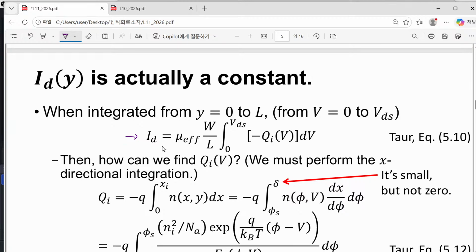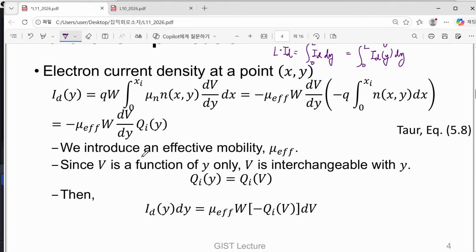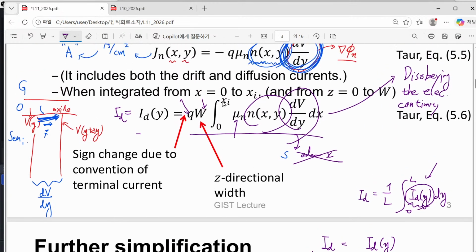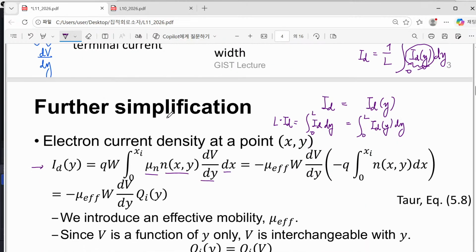Okay, let me do it a little bit further. Electron density is now given by mu n and phi over dx. I'm just writing down the same thing. Yes, this is just copy and paste, and now we have this form.